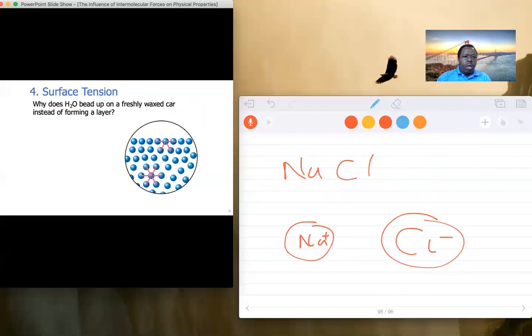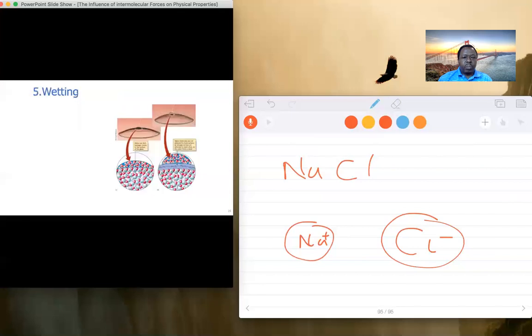Surface tension: you have seen an insect, say a mosquito, perch on the surface of H2O because of the surface tension, the attraction between the neighboring water molecules on the surface. This is also responsible for the beading. Have you ever seen, when you wax your car and it starts raining, beads of water or droplets forming on your windshield? It is because of surface tension.